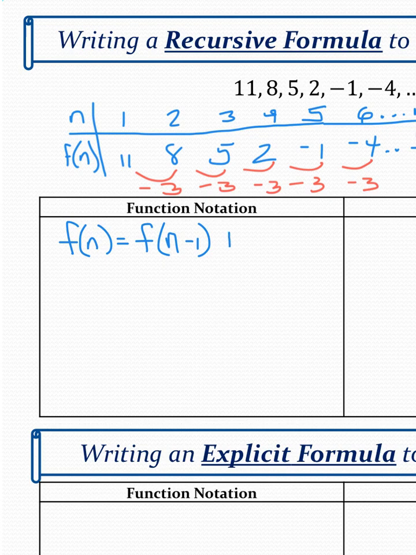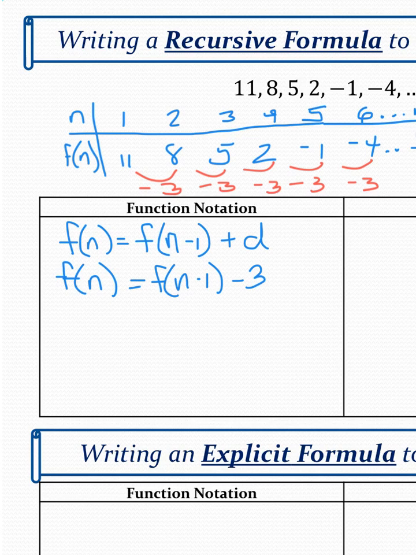And then you're just going to add your common difference, whatever that pattern is. And so in this particular example above, we have f of n, our recursive formula, equals f of n minus 1. And our d here is a negative, so we're going to subtract the 3. And that's our recursive formula.